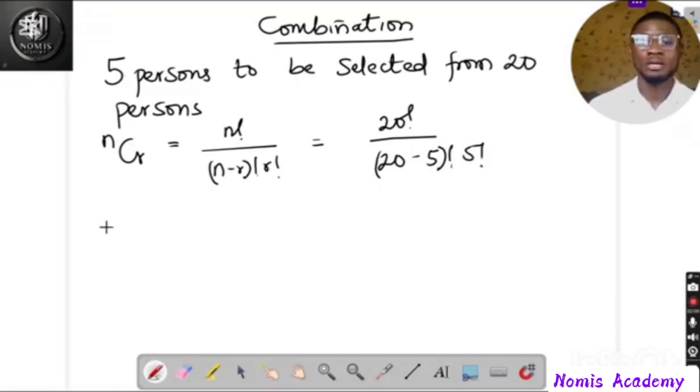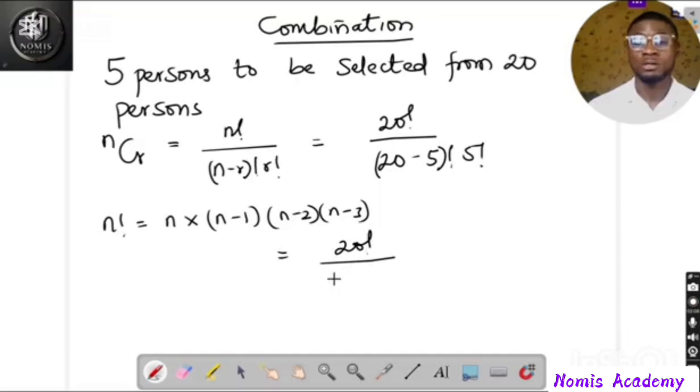Remember what factorial is. If I say n factorial, it simply means n multiplied by n minus 1 multiplied by n minus 2 multiplied by n minus 3. So I can reduce this to the lowest term by saying 20 factorial all over 20 minus 5, which would be 15 factorial, multiplied by 5 factorial.